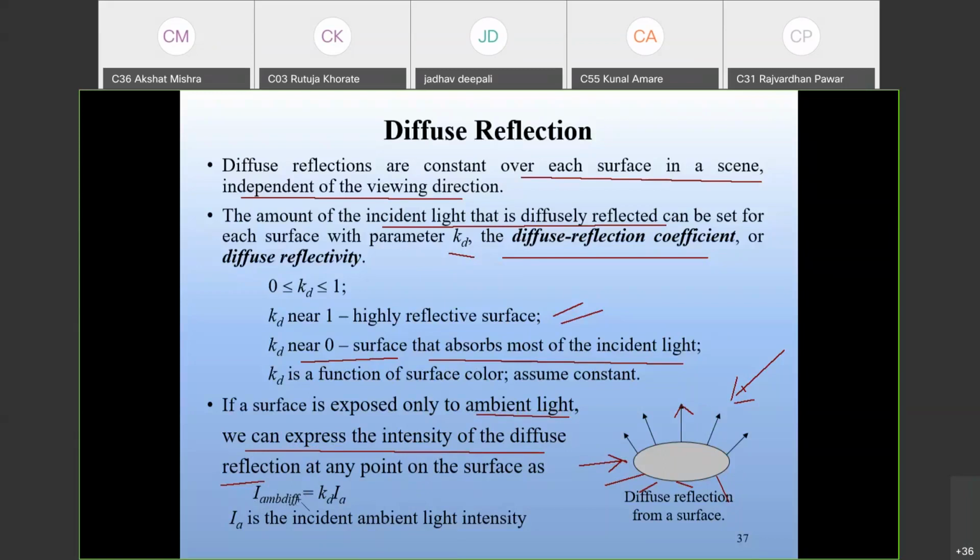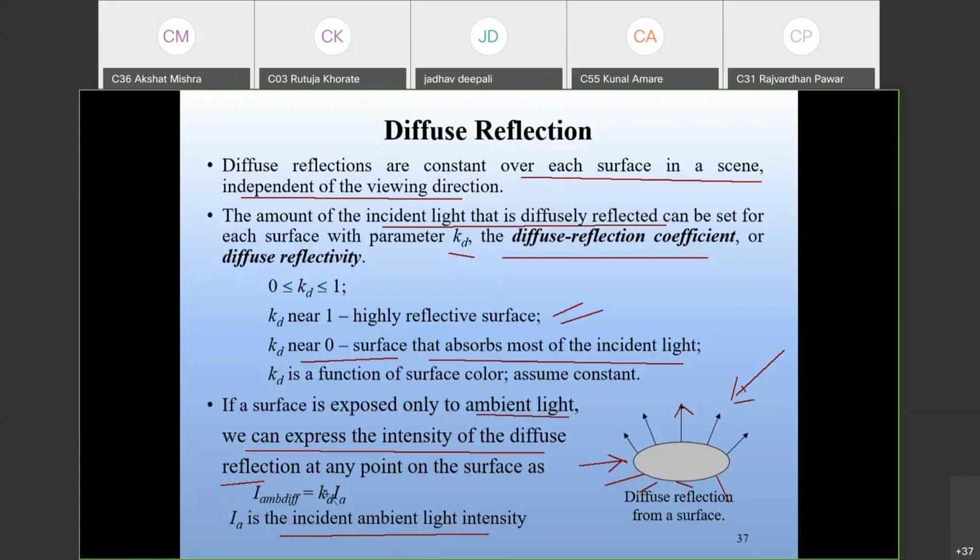Ambient light and diffuse reflection are two different concepts: one is the light incident on the surface, and the other is the reflection. So ambient light with diffuse reflection is Kd multiplied by Ia. Kd is the diffuse reflection coefficient, and Ia is the incident ambient light intensity, whatever light intensity is incident on that surface, multiplied with the reflection coefficient.